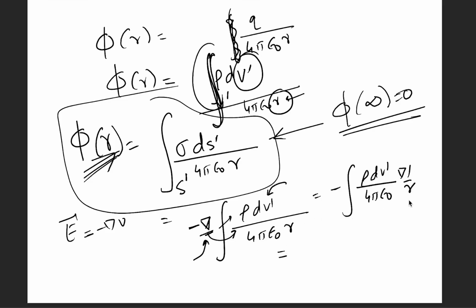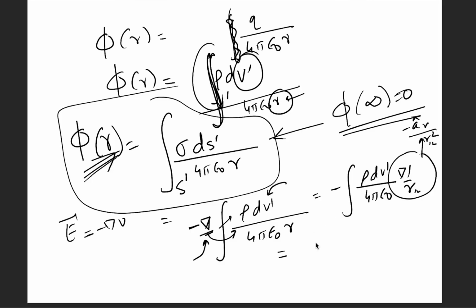This we have calculated in one of the previous lectures. It is simply minus ar by r square, where this is the unit vector from 1 to 2, if this is r12, from source to field point.